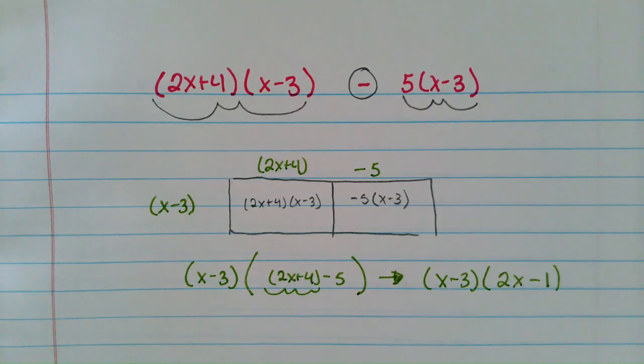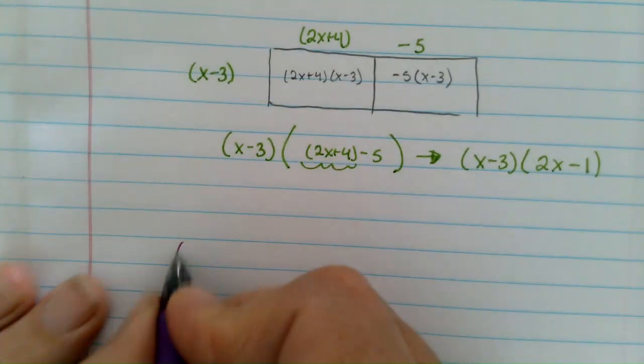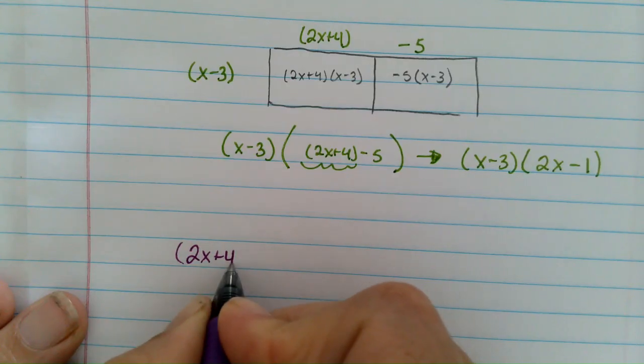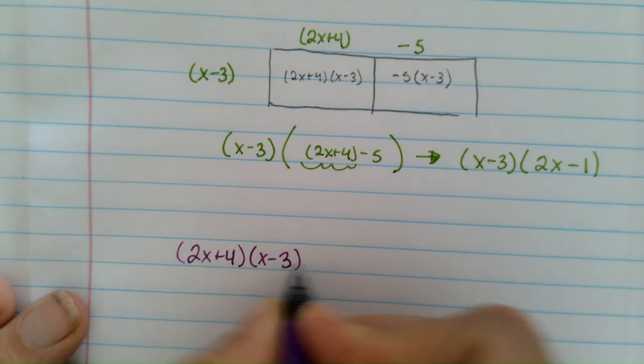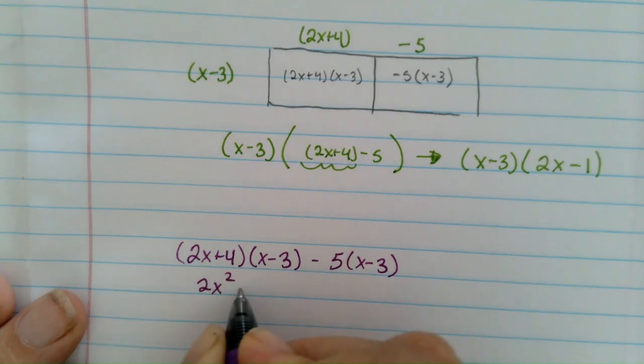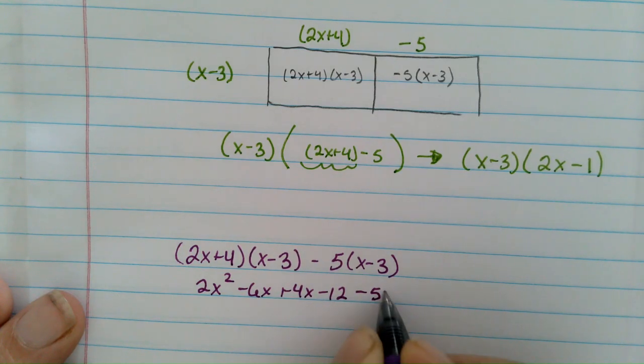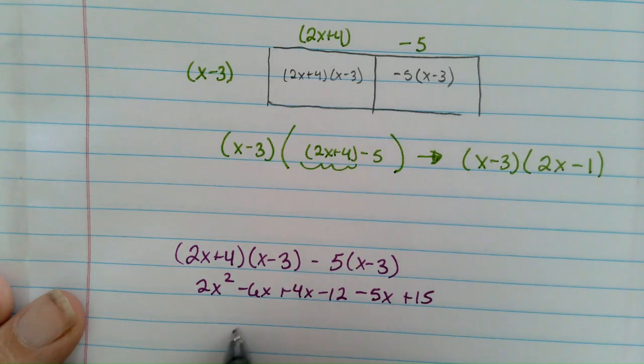I know I put this on my test the last couple years, and I did it with one that was more complicated. I had students that took way too long on it, and I had some that just multiplied it out. Here's the common mistake they made, and here's what they could have done to fix it. I had students that did this. So they did first, outside, inside, last, distribute the minus 5, combine like terms.